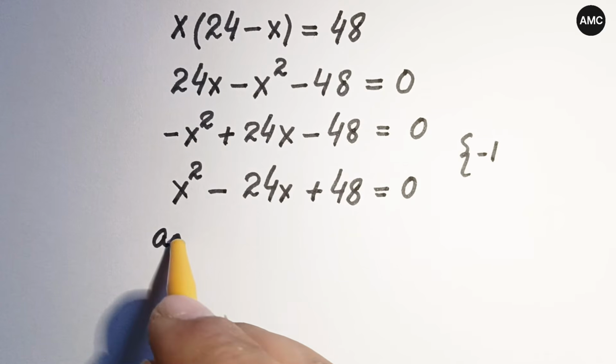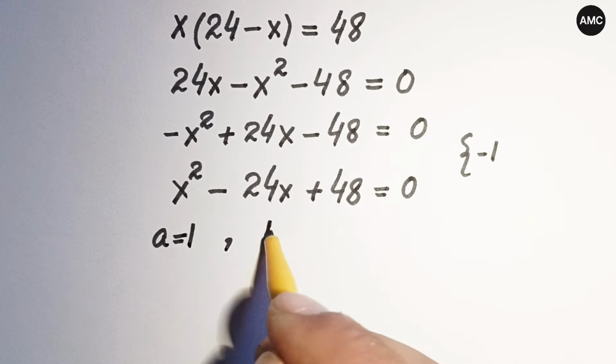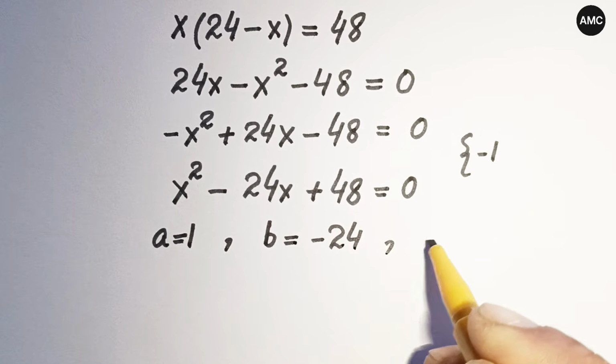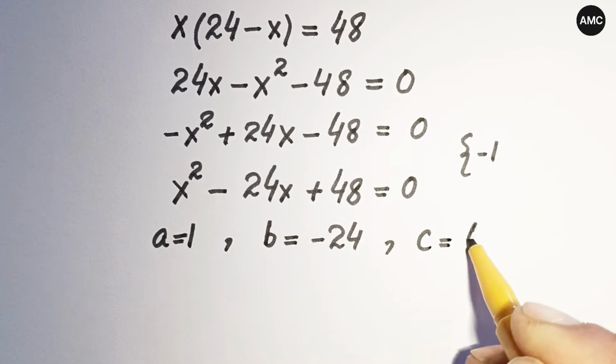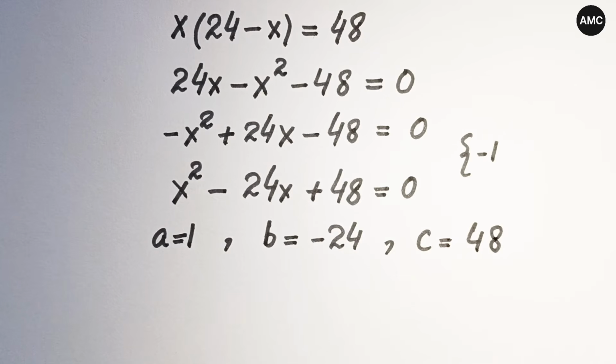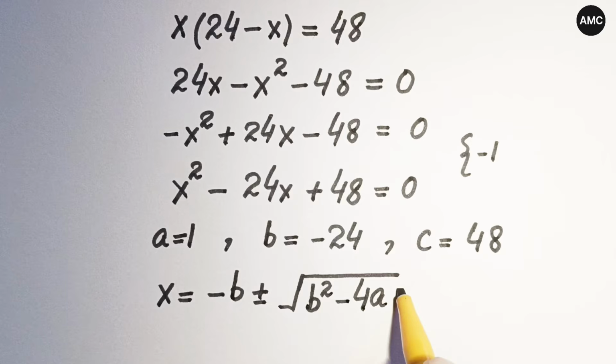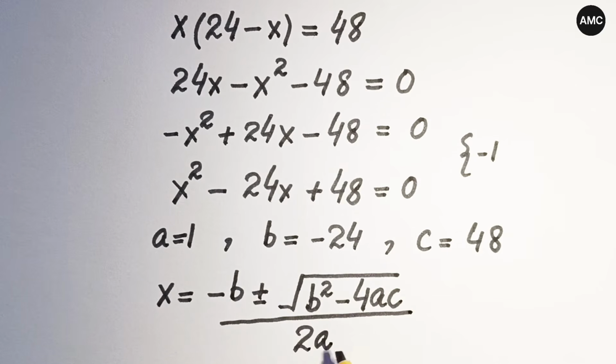So here a is equal to 1, b is equal to minus 24 and c is equal to 48. Using the quadratic formula, x is equal to minus b plus or minus the square root of b squared minus 4 times a times c, all over 2 times a.